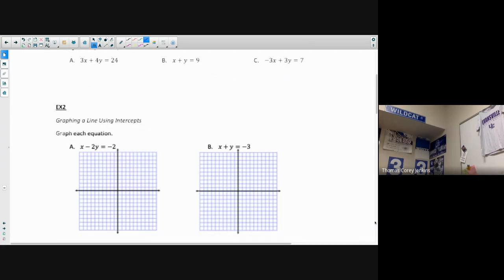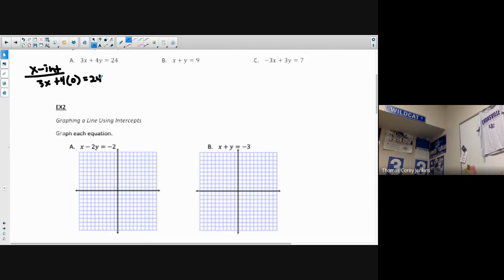Okay, so I'm going to show you the math teacher way to talk about it, and then I'm going to show you the really easy way to come up with those intercepts. All right, so if we go one by one, let's just go x-intercept first here. What you do is you plug 0 in for the other variable, right? So in this equation, that'd be 3 times x plus 4 times 0 equals 24.